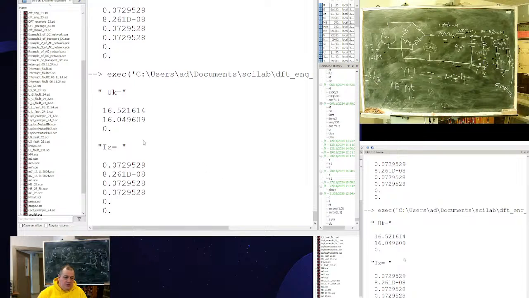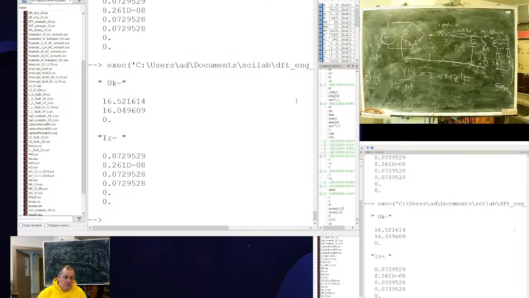Check my currents. Okay, here are my voltages. Voltage node 1 looks like something sine, but with offset from 7.3 to 9.25.